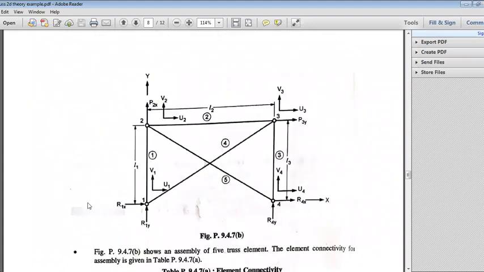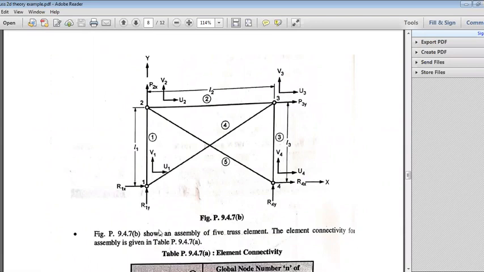Now this is a discretization for a 2D problem, right? How to discretize a 2D problem? You can see here the number of elements and the number of nodes. The numbers inside circles are the elements of this particular truss structure, right? Without circles, you can see these are nodes 1, 2, 3, 4.